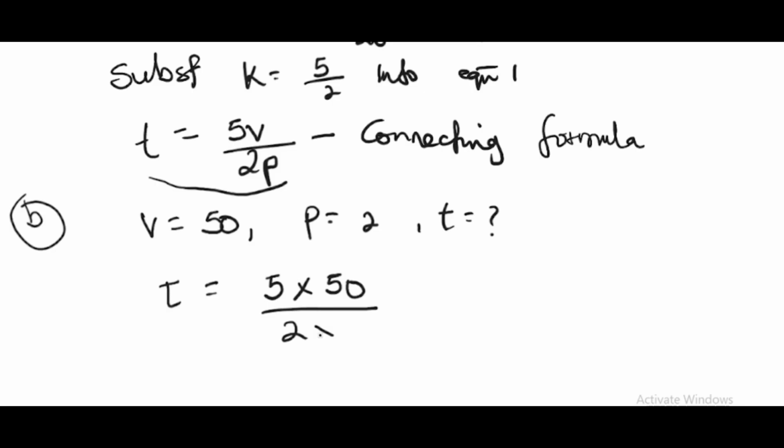So 2 here will give us 25. 25 times 5, we have 125 over 2. Dividing for that, we will have it to be 62.5. All right. So this is time, right? So approximate it, since time is given to be in minutes, we'll have 63 minutes.